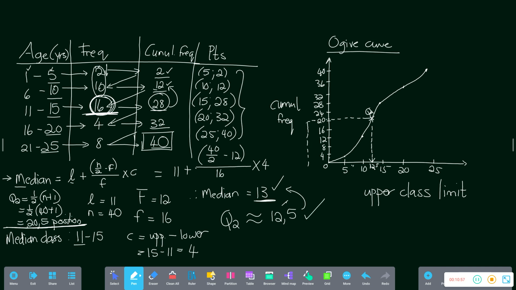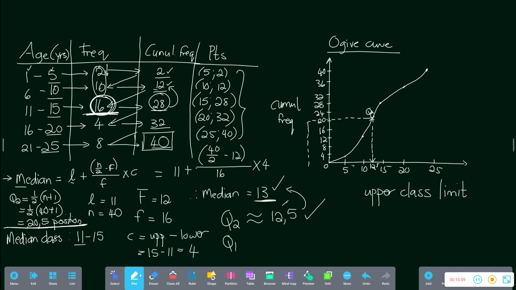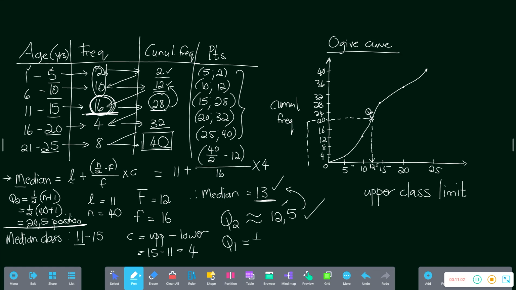Then let's find the lower quartile. The lower quartile position would be a quarter times 40 plus 1, and that is 10,25. Again here, I would go up my axis and find 10,5, somewhere there. Then I would go across until I get to my curve, and then I drop down.